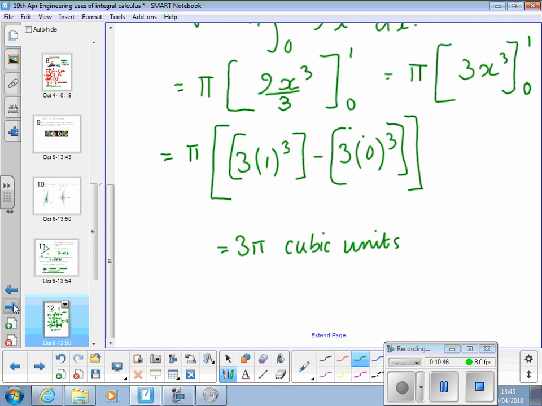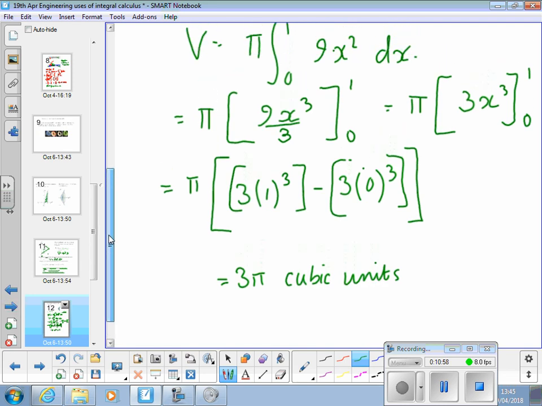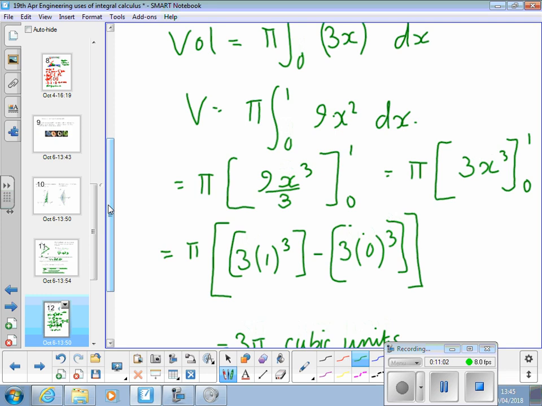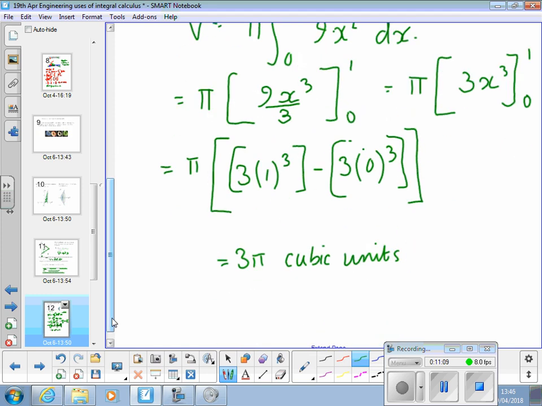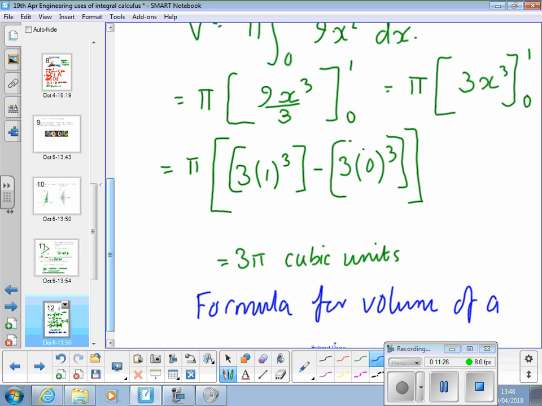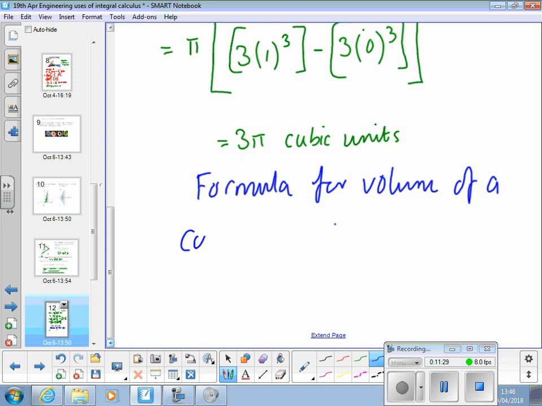Right, the formula for the volume of a cone is V is equal to one third pi r squared h, over 3.